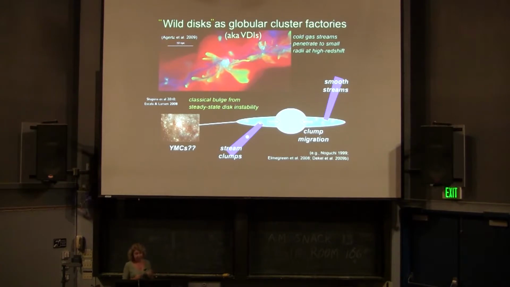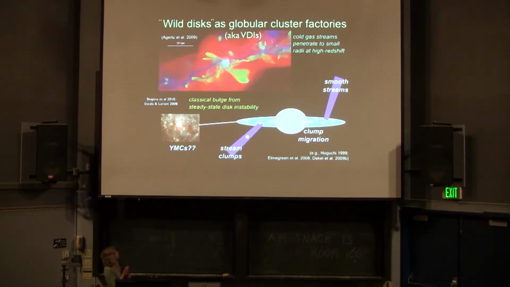Just to refresh your memory, these are disks that form at the intersections of filaments of the cosmic web, where material flows in, making these small disks. The disks are clumpy and turbulent, and the disk instabilities cause these clumps to migrate to the center, where they form something that looks an awful lot like a classical bulge.